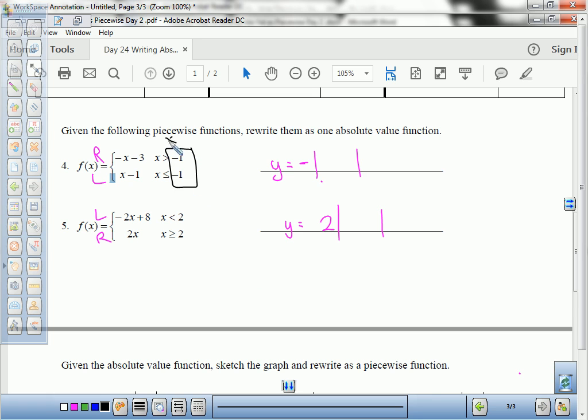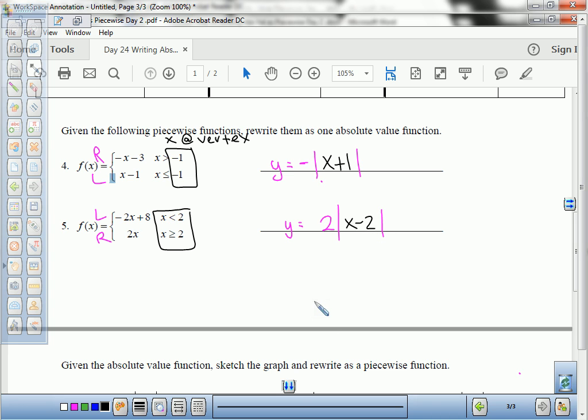Negative 1. So if this is negative 1, what goes in here? x plus 1. If these are 2, what goes in here? x minus 2. Good.